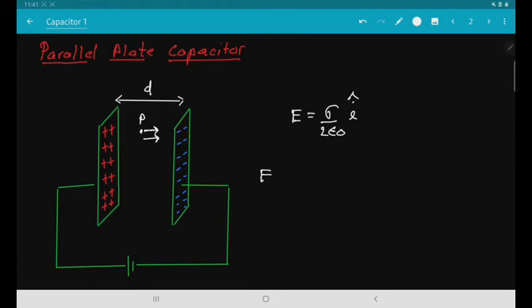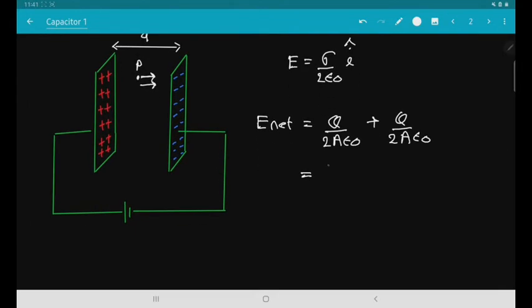So the net electric field due to both plates, writing sigma as Q by A, will be Q by 2A epsilon naught plus, due to the negative plate, again Q by 2A epsilon naught. As a result, the net electric field at this point P is Q divided by A epsilon naught, in the i cap direction.